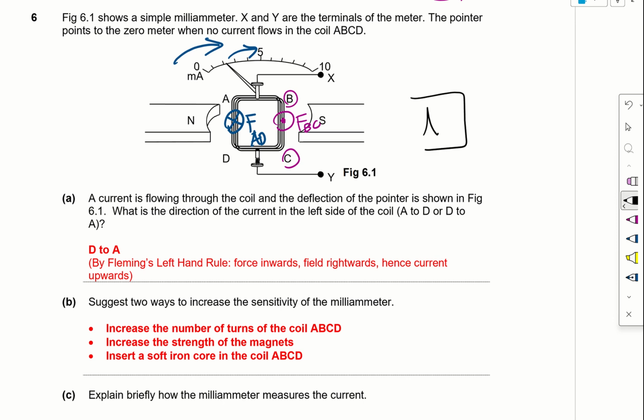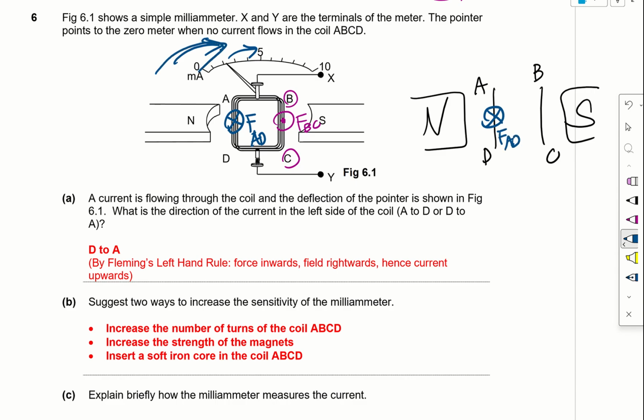So again, let's draw a 2D diagram. South, then this is the wire. Okay, this is the wire AD. This is the wire BC. Okay, so I know that the force on AD is into the page, because it is rotating in this direction, and for BC it is out of the page.